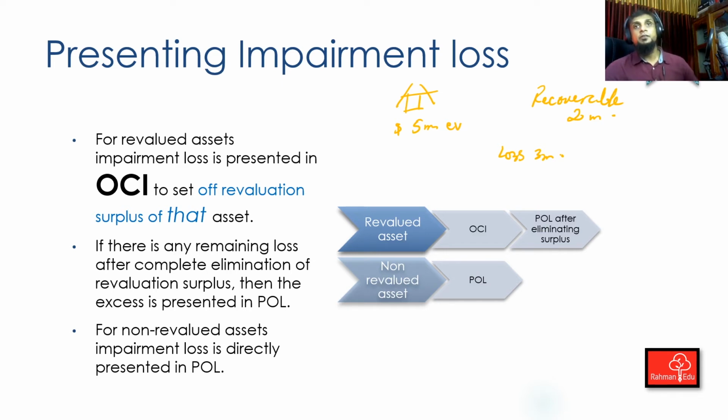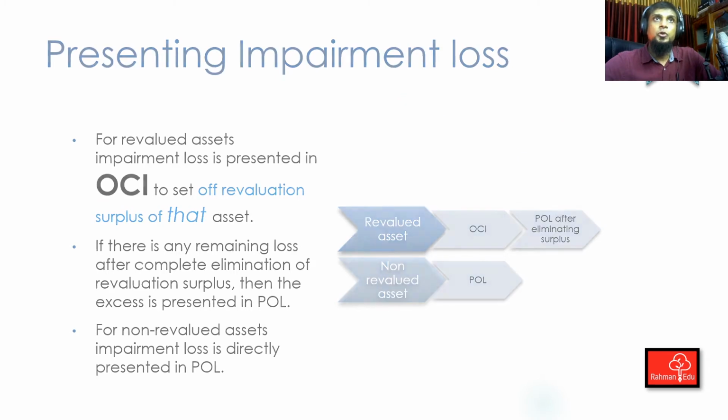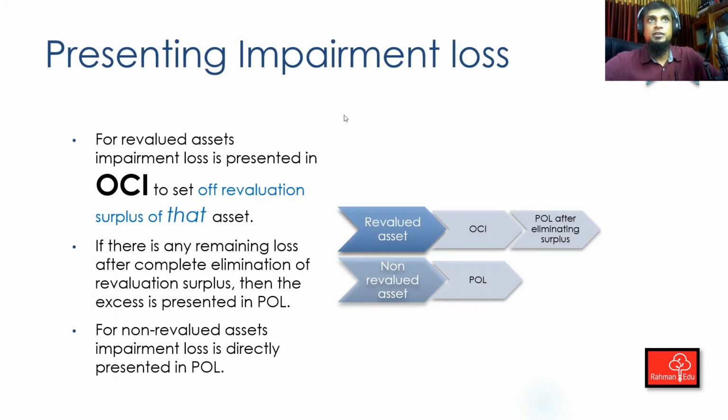Once we have figured out that loss, we need to check whether this asset is a revalued asset or not. If that asset is a revalued asset, then we will put this loss in the revaluation reserve through OCI, other comprehensive income.